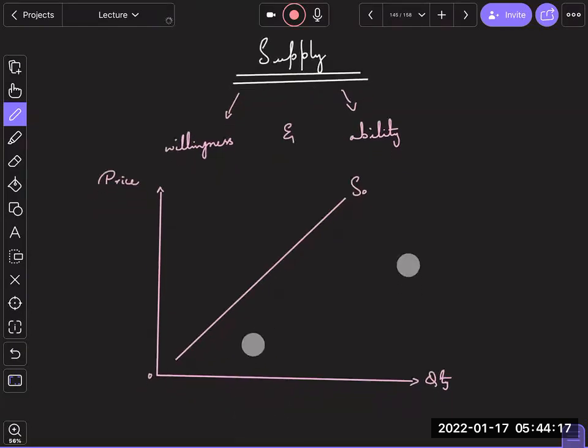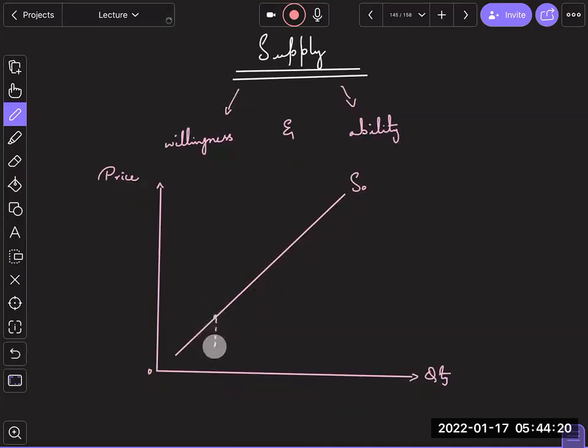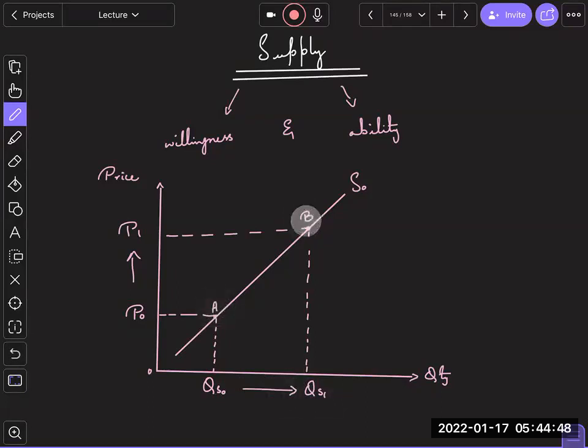So let's say if the price was P naught, the producers were supplying QS naught quantity, and if the price goes up to P1, then the producers will be supplying more quantity. They will increase the quantity supplied to QS1. They will move from point A to point B. So whenever there is an increase in the price, quantity supplied will increase, or vice versa.